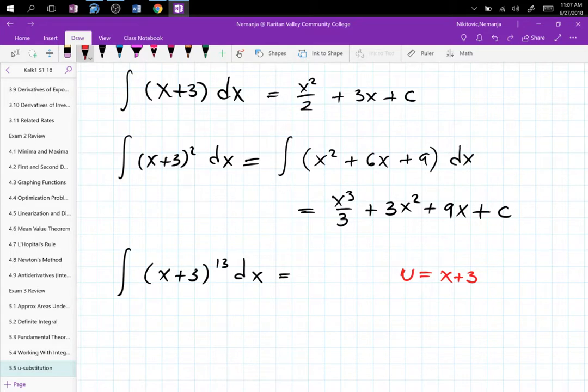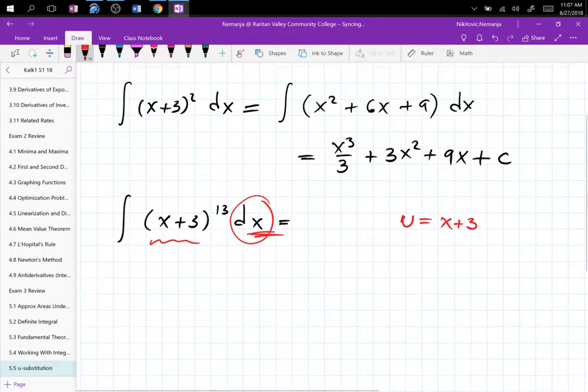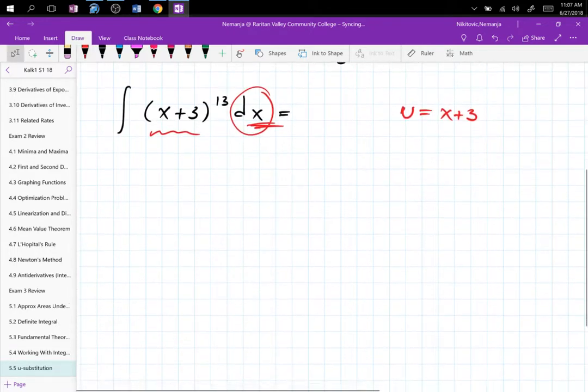Now, the thing is that the dx part is not there for decoration. You know that that's the width, and that one is in terms of x, and you are trying to change your problem to be in terms of u. So when you swap your function, you have to swap also dx, because you can't be integrating u to the 13th with respect to dx.